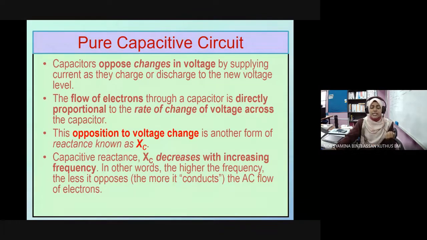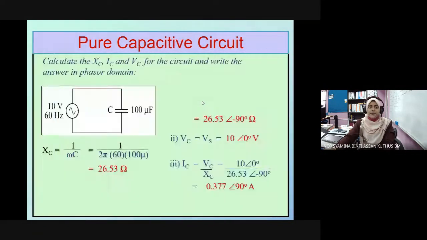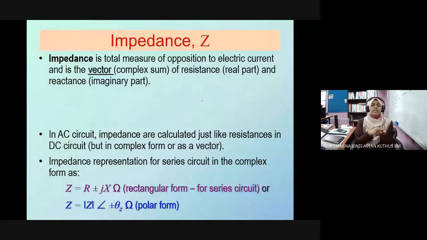Kalau inductor ZL adalah opposes the change to electric current. Impedance as a whole kita boleh kira berapa. That is the total measure, kita cari Z. So total measure of opposition to electric current and the complex sum of resistance and reactance di dalam any one circuit. Kita boleh measure the total opposition.